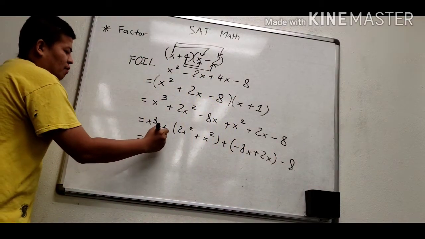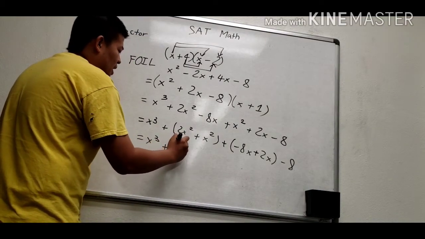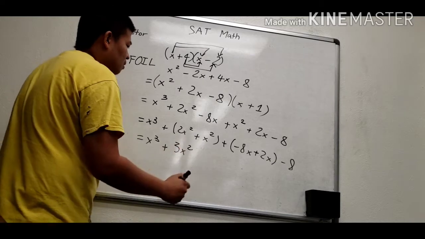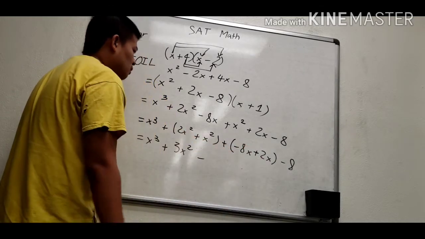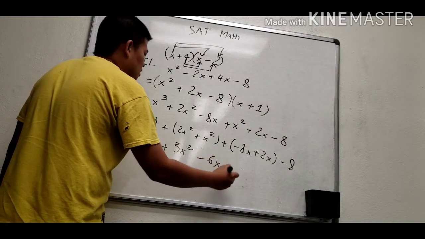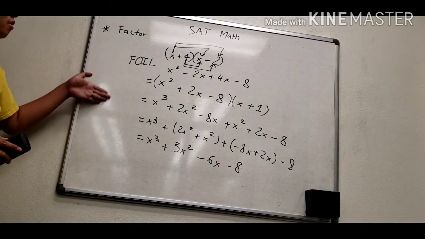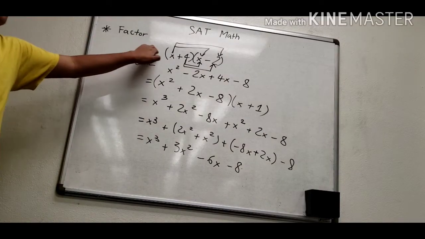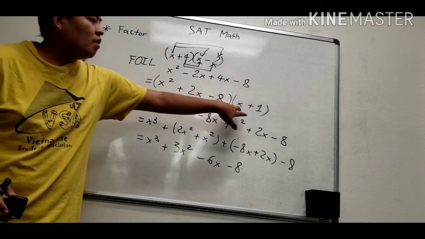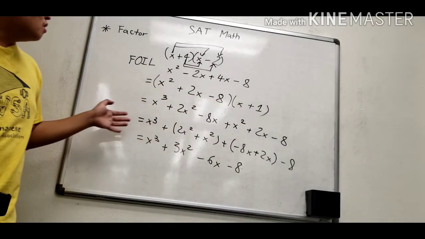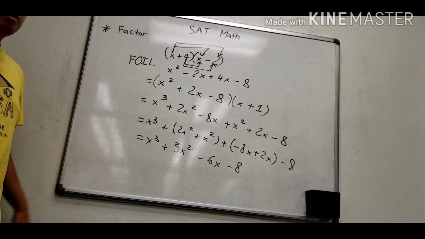We got s power 3 plus 3s power 2. We got minus 8s plus 2s is minus 6s, and we have minus 8. So this is the technique how to multiply a factor with a factor, and then we got the first factor, you multiply with the second factor. You just do step by step like this, and you can understand how to multiply in the factor.